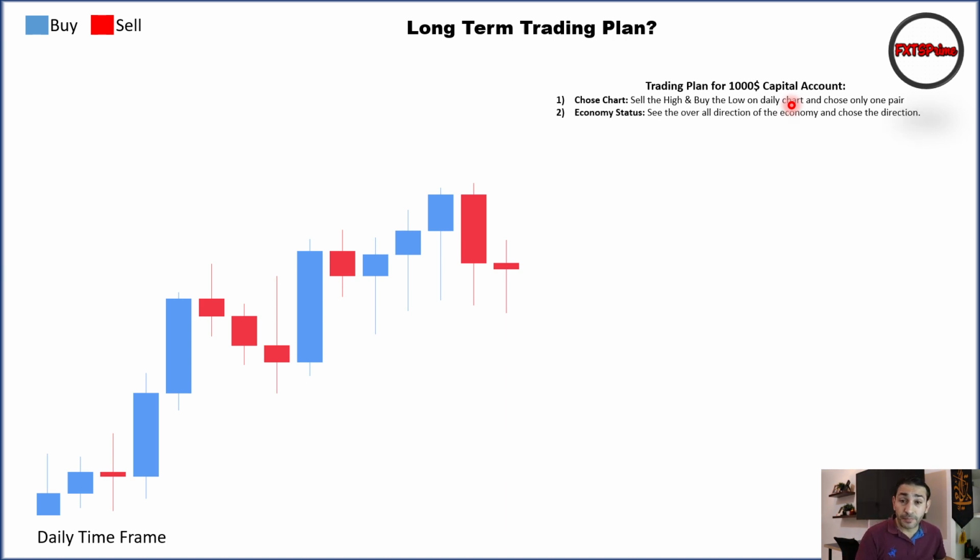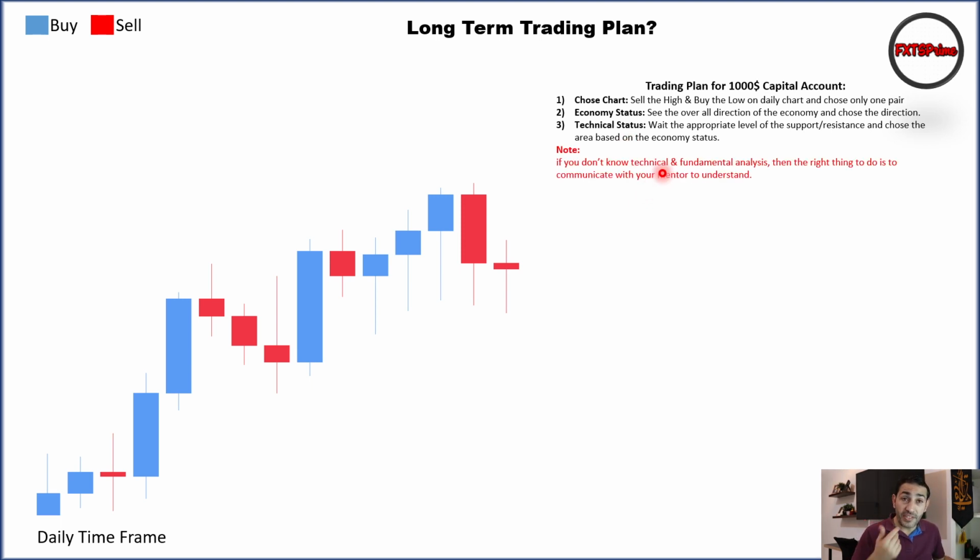Second, I need to identify the economy status: where is the suggestion for the direction of the economy? If you are not able to identify it, your mentor will provide you that. Third, we're going to identify the technical status, whether the technical suggests a downtrend or uptrend.